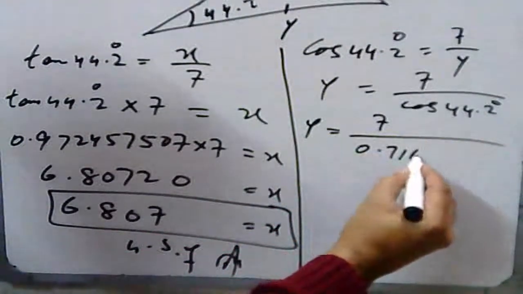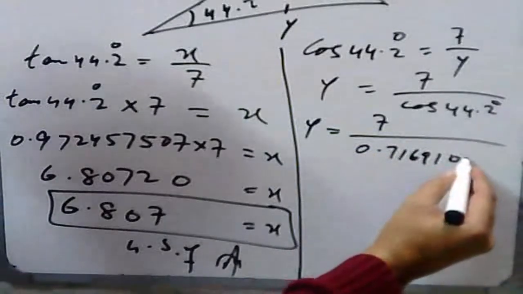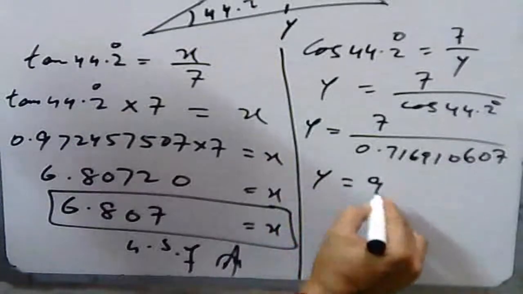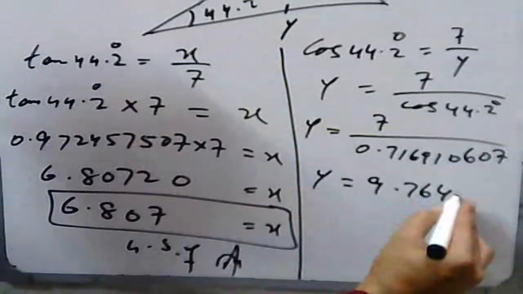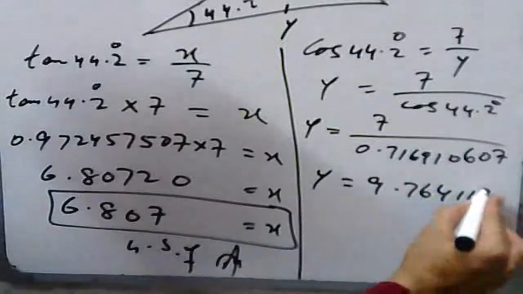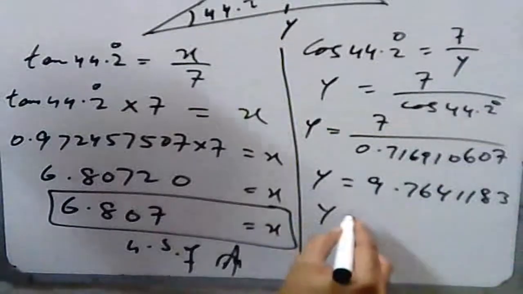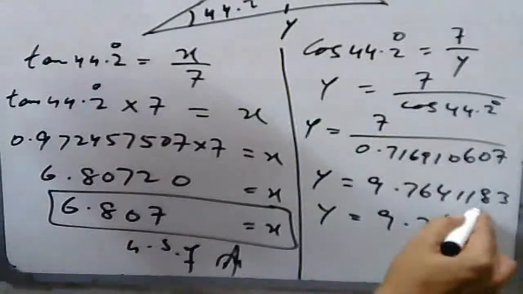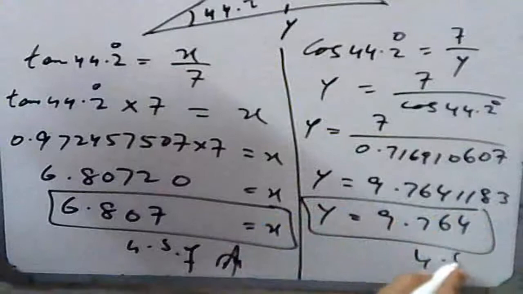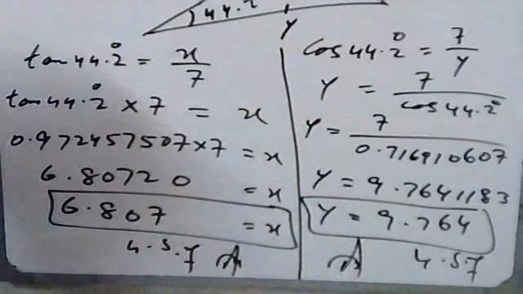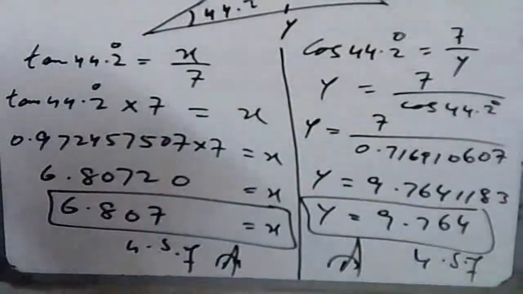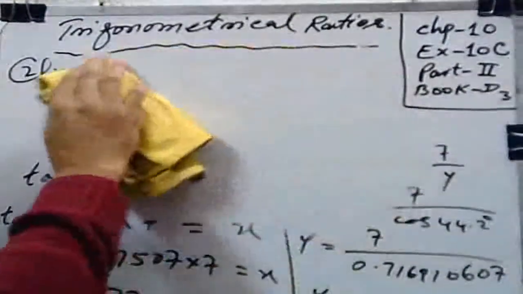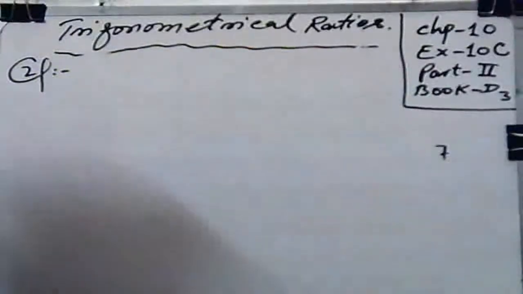So the value of cos 44.2 degree, you can use this calculator. You will get 0.7169100607. After division with the help of calculator, you will get 9.764183 and so on, but we need up to 4 SF, that's why that is 9.764. So that is your 4 significant figure answer.